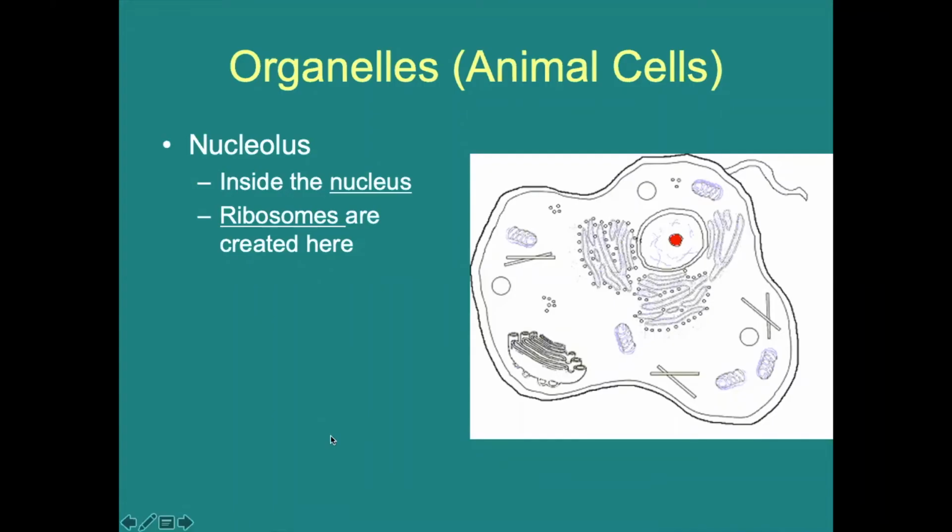All right, so nucleolus. This is something that is inside the nucleus and something we've already talked about, ribosomes, these little circles, these little bubbles floating around in there. Those are ribosomes. They have a very important job of making those proteins. The nucleolus is where we make the ribosomes. That's right, we got to build our own tools. We got to build our own builders.